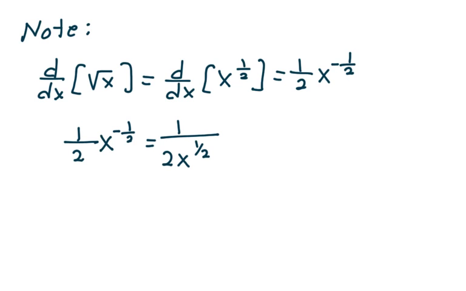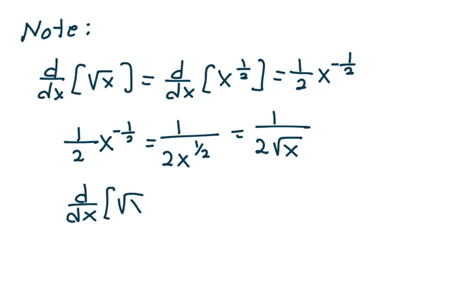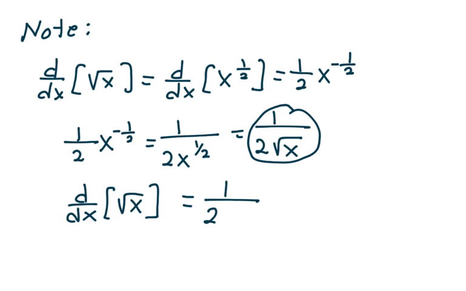But x to the 1/2 is the square root of x. So this is equal to 1 over 2 square root of x. So when you take the derivative of the square root function, I would hope people can get to a point where you can just write that down, because it's going to come up over and over and over again. Okay? So this is true.